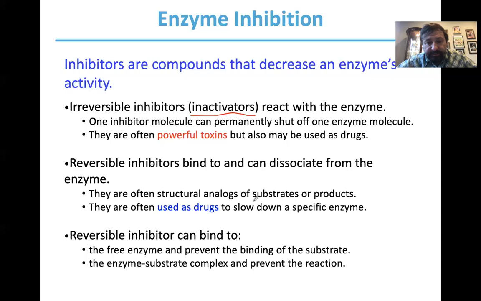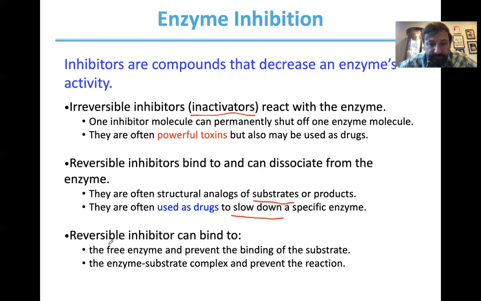So these reversible inhibitors occupy the binding site, and then the substrate cannot come in anymore, and no reaction happens. The enzyme will not be killed, but it will be slowed down until the inhibitor leaves, and then the substrate can come in and the reaction can occur.